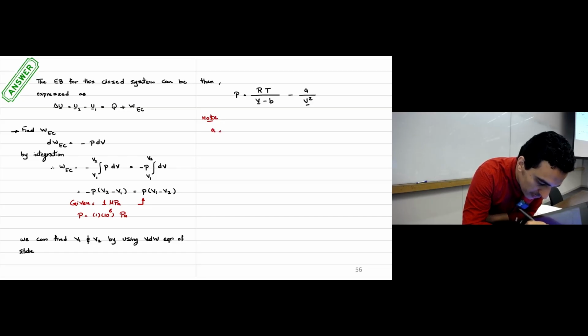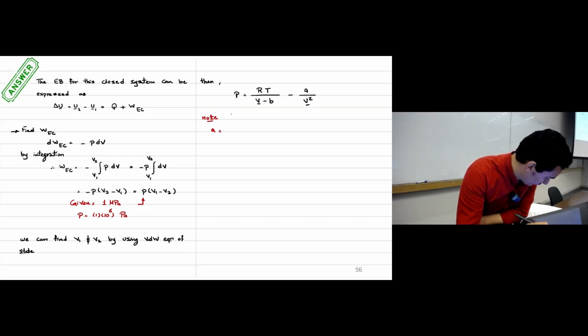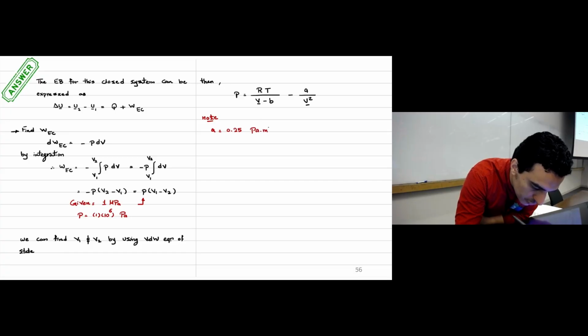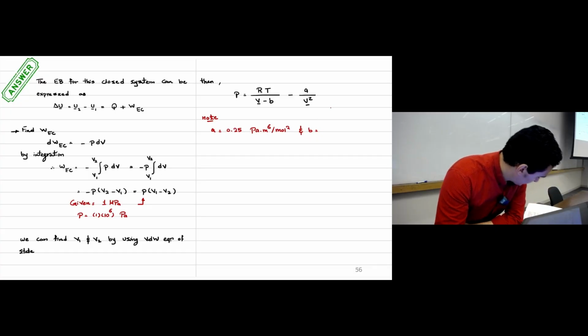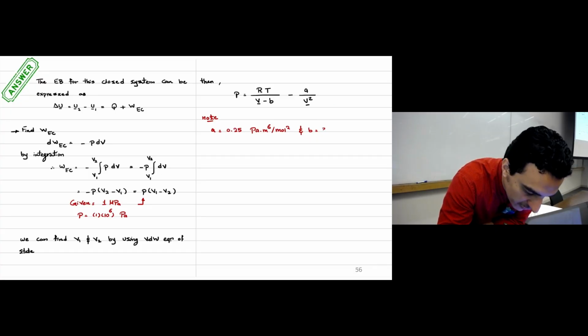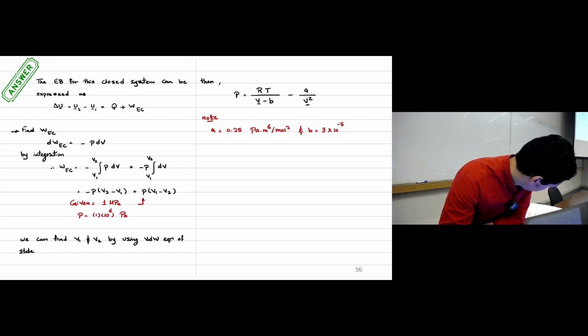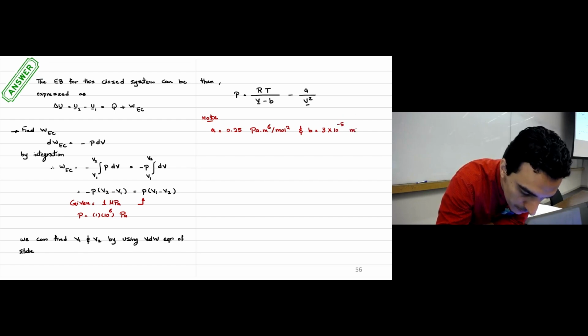We have parameter A, which is 0.25 Pascal meter to the power 6 divided by mole squared, and we have the value of the parameter B, which is 3 times 10 to the power negative 5 meter cubed per mole.